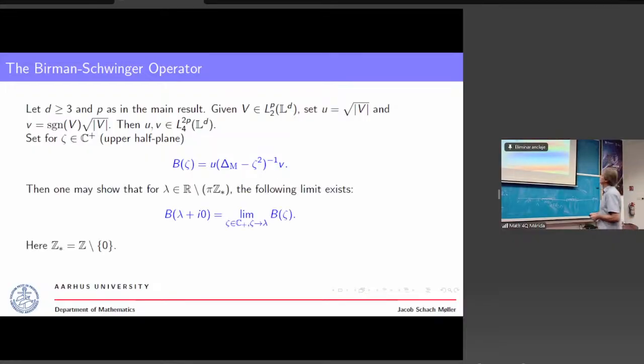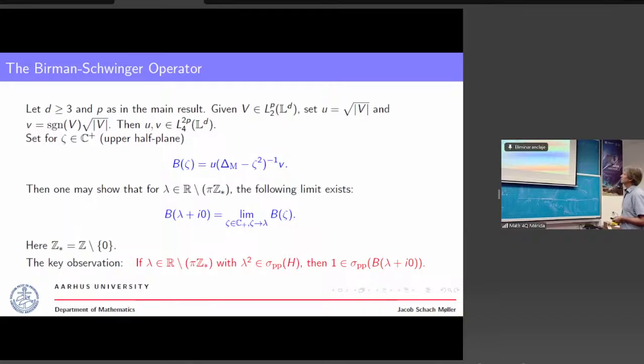Now, one may show that if you're away from the Dirichlet spectrum, then you can take the limit when zeta goes to the spectrum of this Birman-Schwinger operator, and you get a limiting object here. Since star here is just the integers minus 0, that's because there's no eigenvalue sitting down here at the bottom.